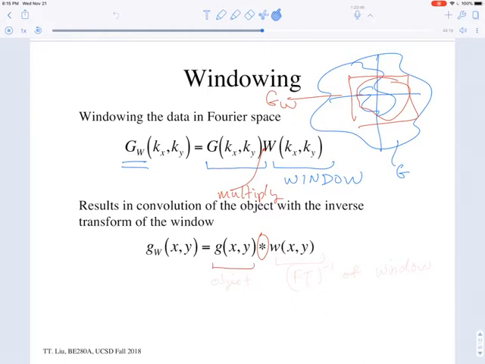I'm going to have my original object, and I'm going to convolve it with the inverse Fourier transform of my window. So essentially, we're going to take our object and convolve it with something, and we want to look at the effect of convolving my object with this something to be determined.